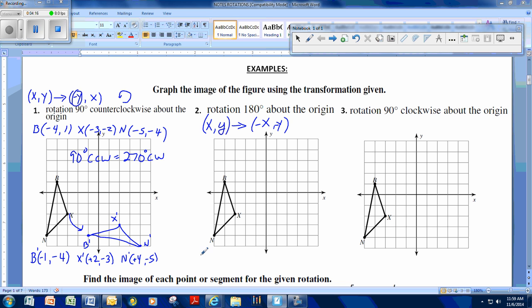B, which is negative 4, 1, we'll call this double prime, would switch to positive 4, negative 1. X would change from negative 3, negative 2 to positive 3, positive 2.